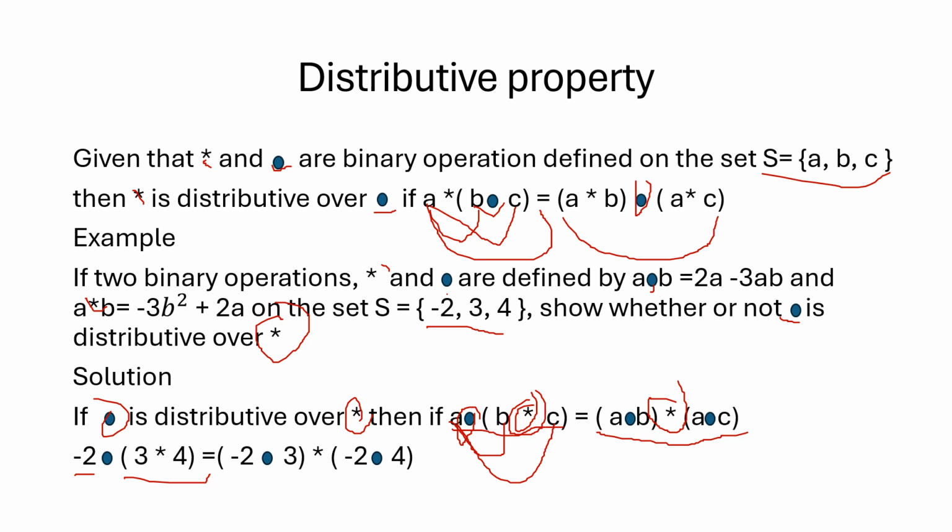And when we do that, this negative 2 will be distributed on 3 operated on by the dot, and this same negative 2 will be operated on 4 by the dot, leaving the star in the middle, because they said we should prove that the binary operation dot is distributive over star, so we are putting the star in the middle of the two brackets.